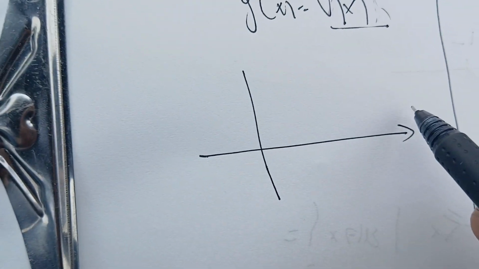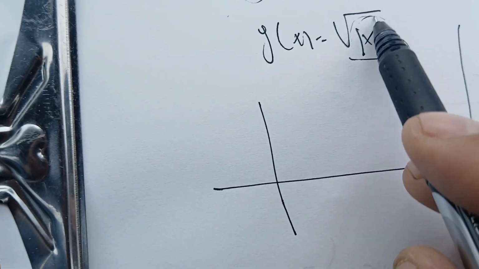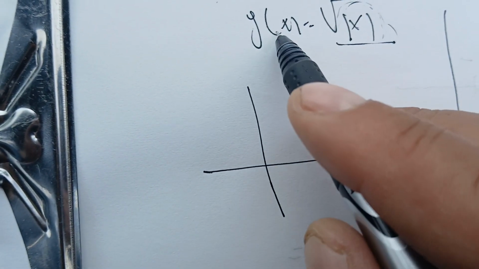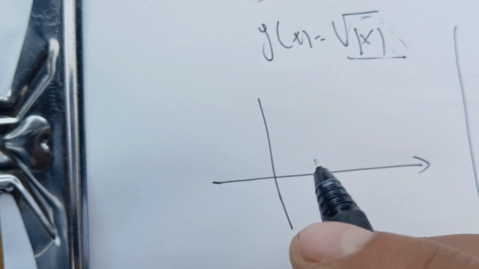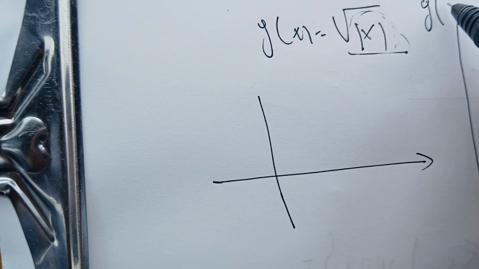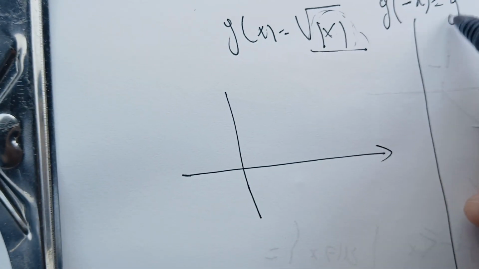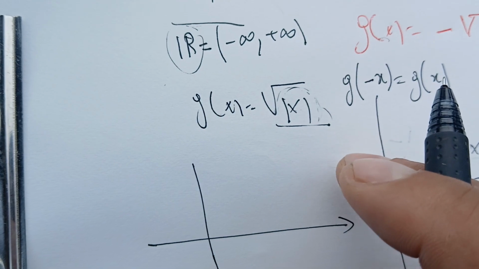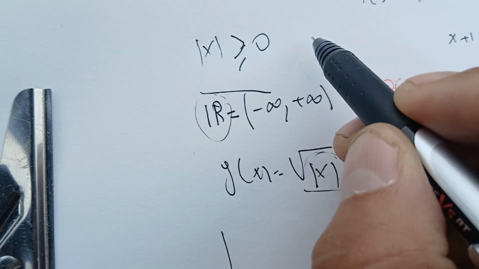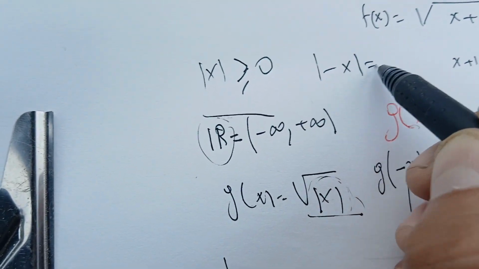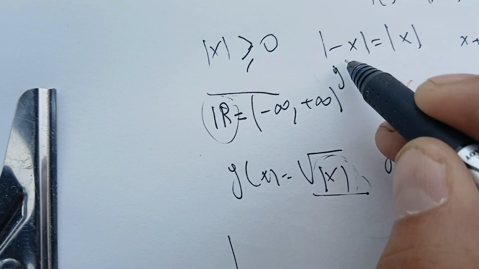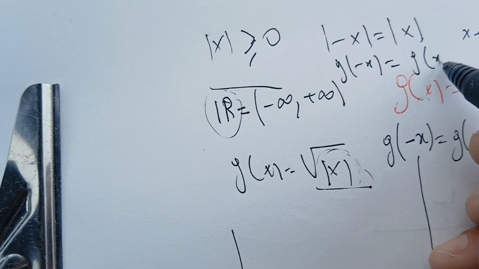To graph this function, we just need to see that this is an even function. Why is it even? Because an even function satisfies g of minus x is equal to g of x. If we plug the minus here, we get the absolute value of minus x is equal to the absolute value of x, and that means g of minus x is g of x.